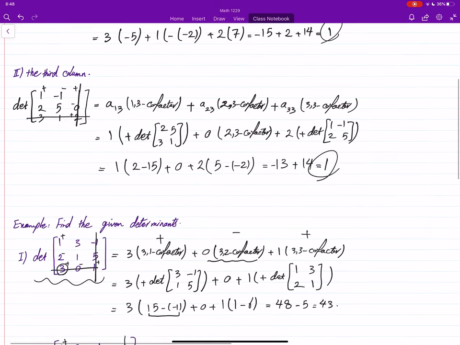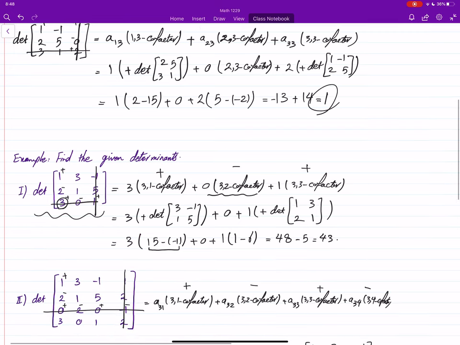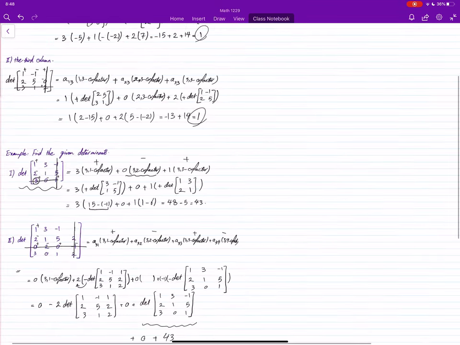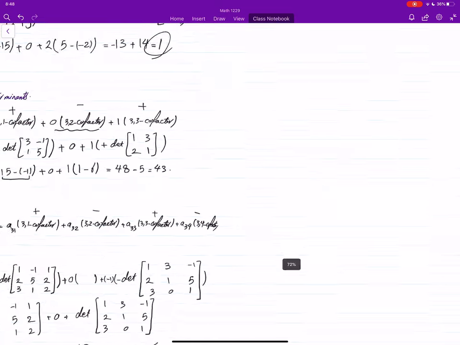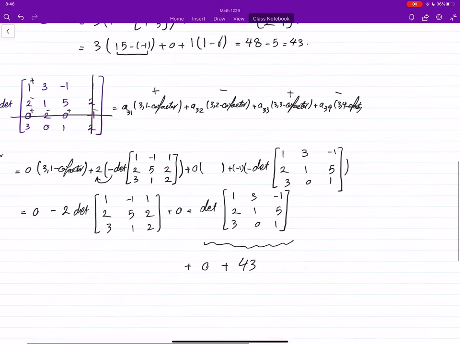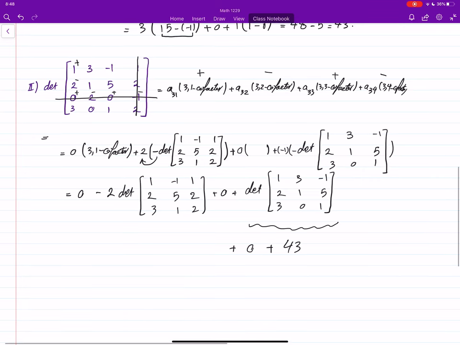So let me see. 1, negative 1, it's exactly the matrix up there. You see on this previous example. 1, negative 1, 1, 2, 5. Oh, it's not exactly that one, so I have to compute that matrix. So now I have to compute this determinant here, and then multiply it by negative 2.